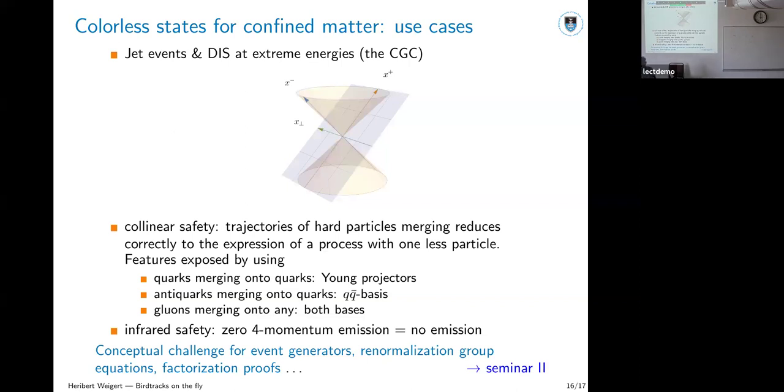If I want to have quarks and antiquarks merging, the basis that I make directly from the elemental permutation group is very nice because it always has quarks and antiquarks next to each other. So that works. For gluons, both bases work essentially equally well to expose structures in this.